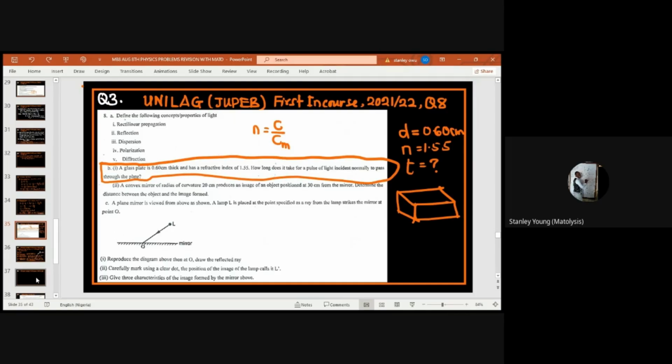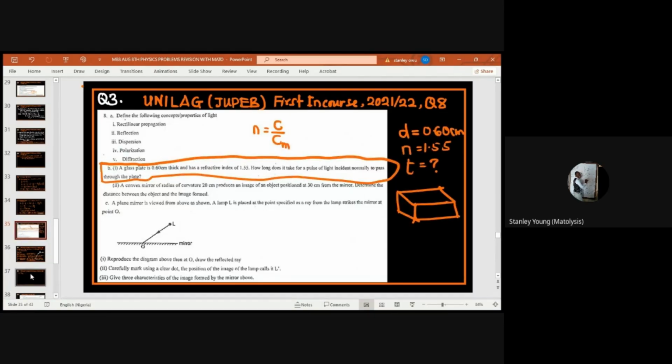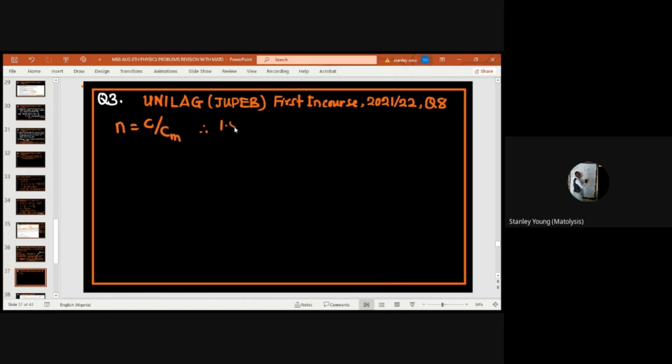N equals c over cm. Therefore, the n given in the question is 1.55. So 1.55 equals the speed of light, a constant that is approximately 3 times 10 raised to 8 meter per second, over cm.